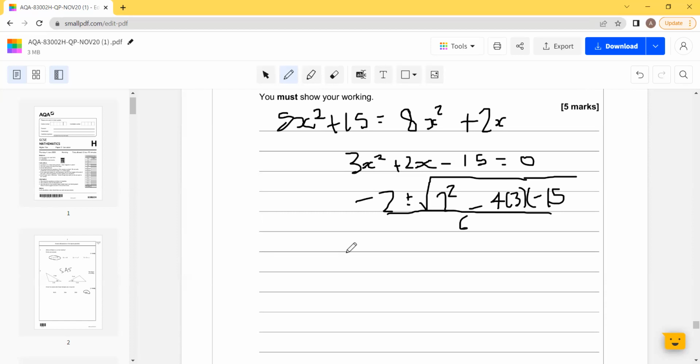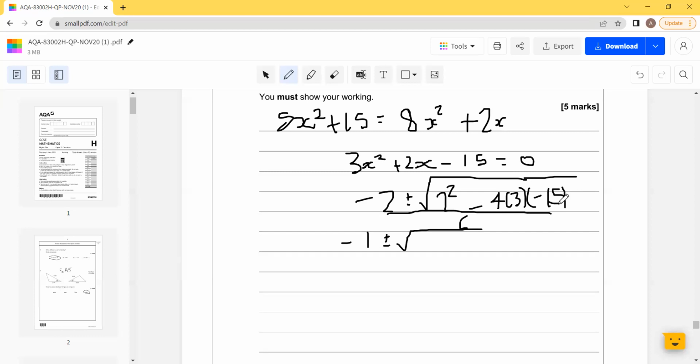So I'm going to get minus 1 plus or minus the square root of, well, you would initially think that you're going to get an error because you're going to get a negative number inside it. But you have minus 4 times 3 times minus 15. So you have double negatives. So what's going to be inside the square root is simply going to be 4 minus 12 times 15.